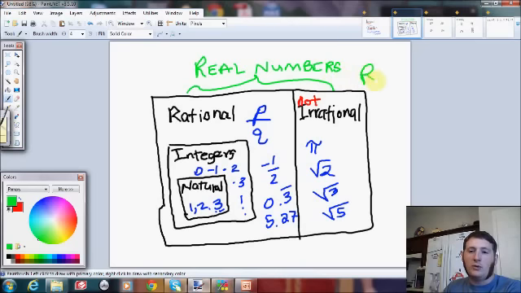And again, our symbol for real numbers is an R. Rational is going to be a Q. Integers is a Z, and natural is an N. And there is no nice symbol that I'm aware of for talking about irrational numbers quickly.